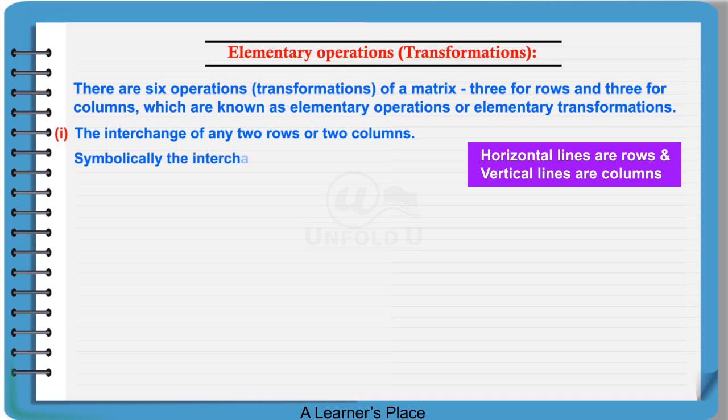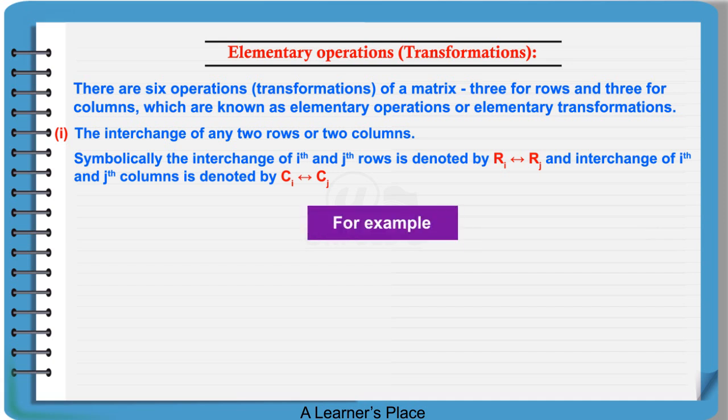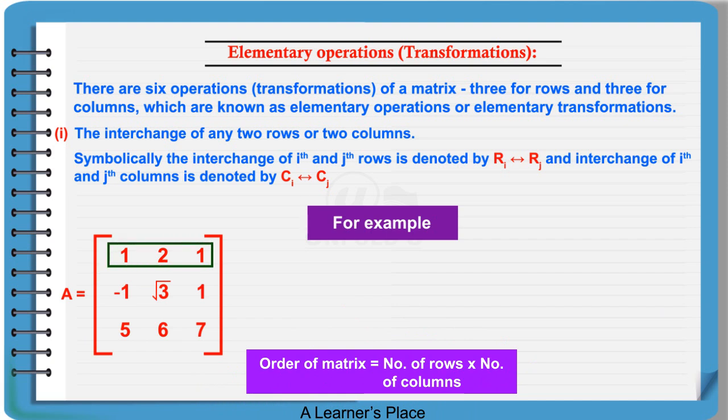Symbolically, the interchange of ith and jth rows is denoted by, and interchange of ith and jth columns is denoted by. For example, A is the matrix of order 3 by 3 with first row entries 1, 2 and 1, second row entries -1, √3 and 1, and third row entries 5, 6 and 7.